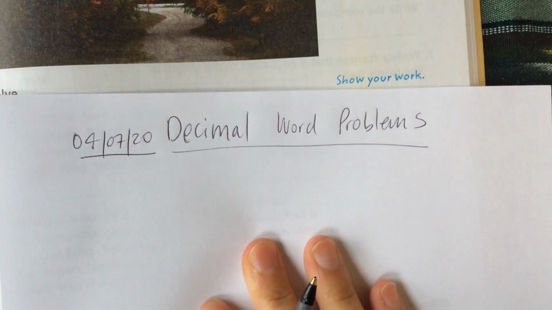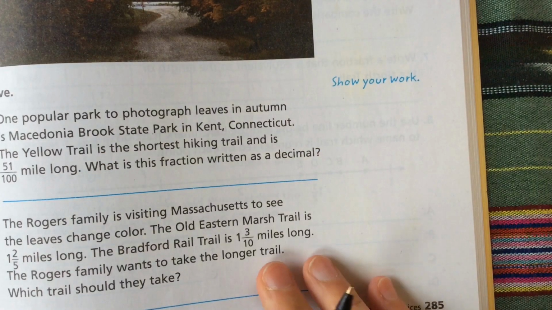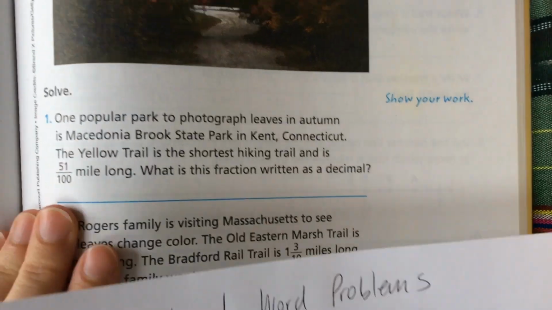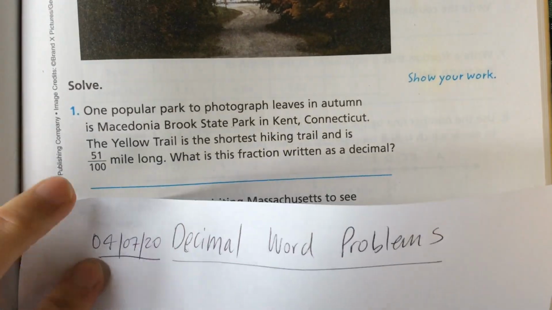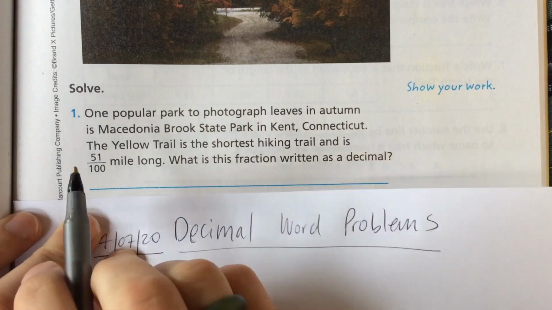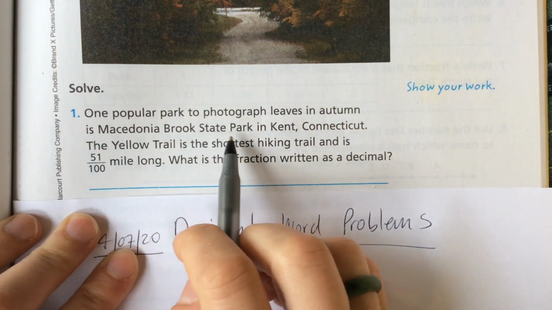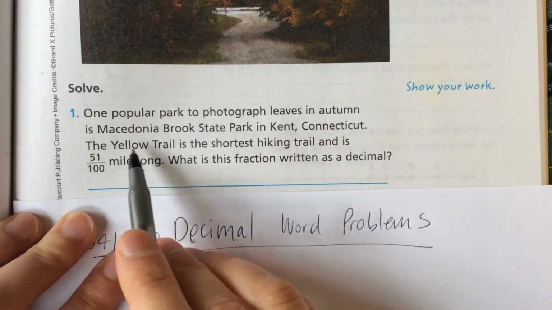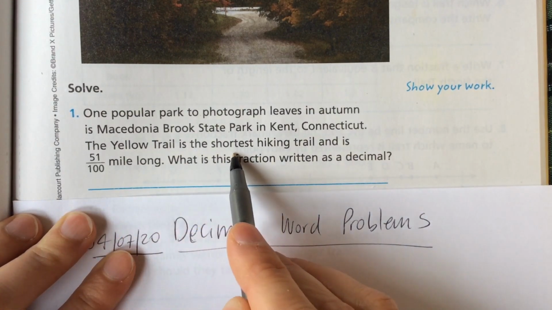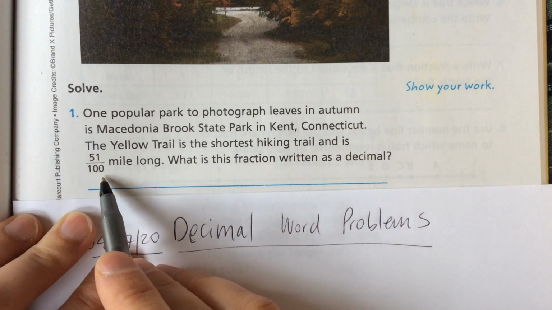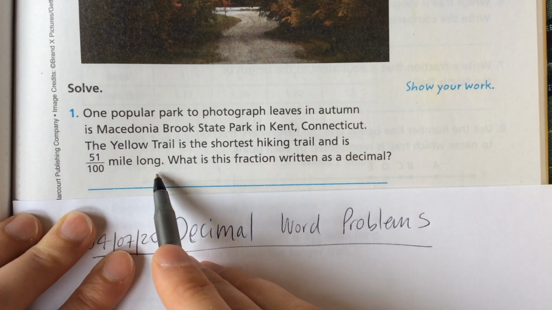And let's take a look at this first question here. It says, one popular park to photograph leaves in autumn is Macedonia Brook State Park in Kent, Connecticut. The yellow trail is the shortest hiking trail and is 51/100ths mile long.